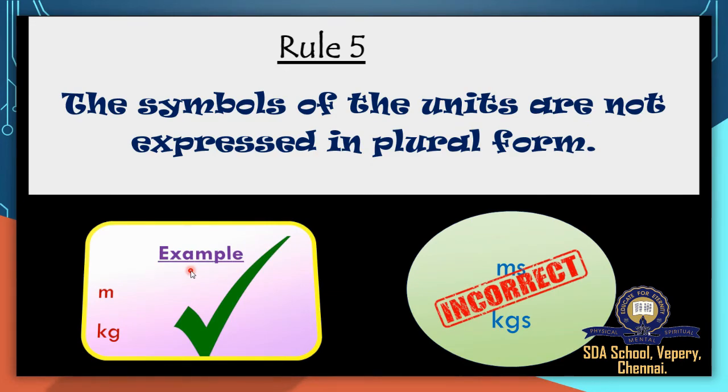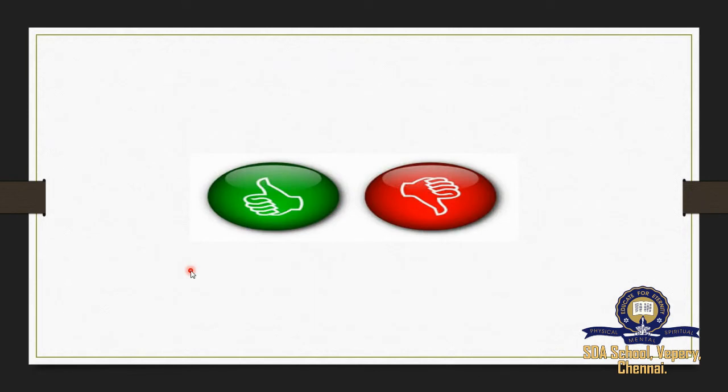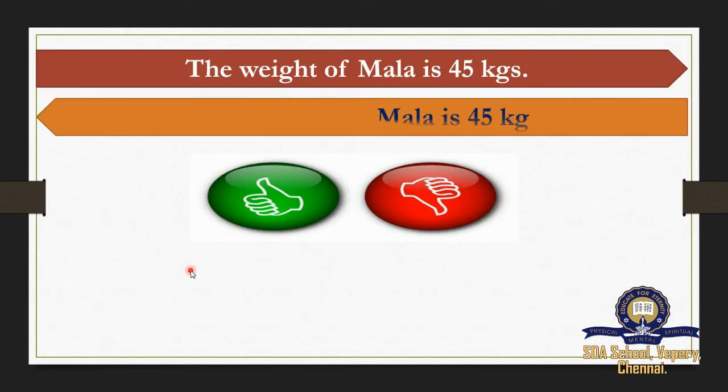So, hope you are thorough with the 5 rules now. Let's do a small activity. I have given 2 statements here. The weight of Mala is 45 kgs. The weight of Mala is 45 kg. Which statement is true? Yes, the second statement is true.